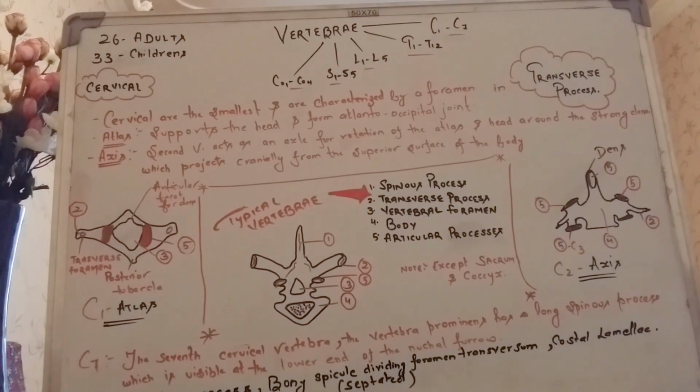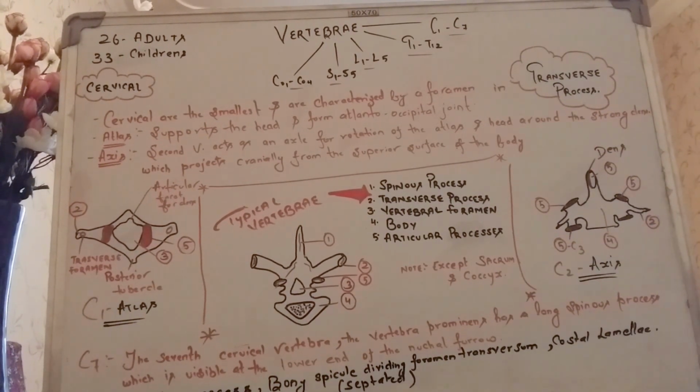Then there is the vertebral foramen. The main function of the vertebral column is that it carries the spinal cord, and the spinal cord is a part of the CNS. Then there is the body. The body also bears the weight of the body.